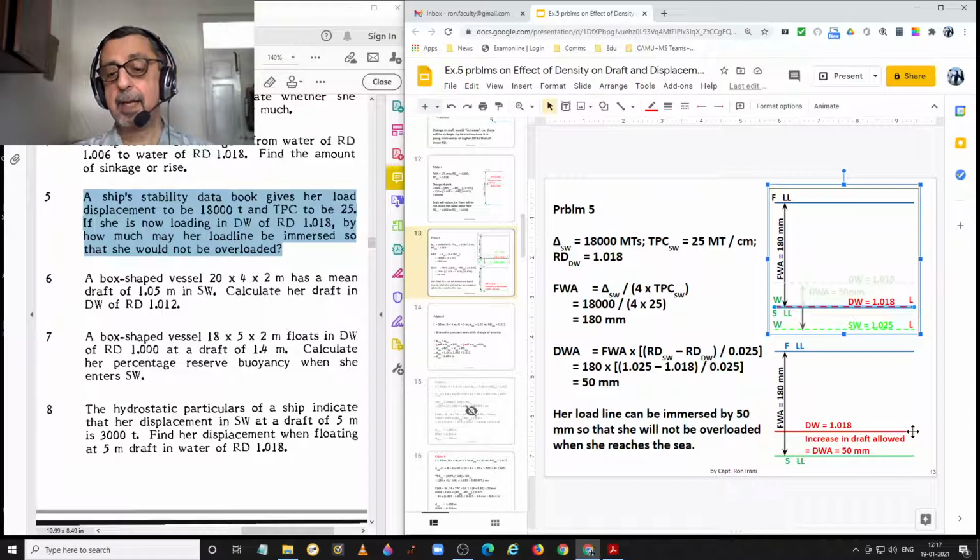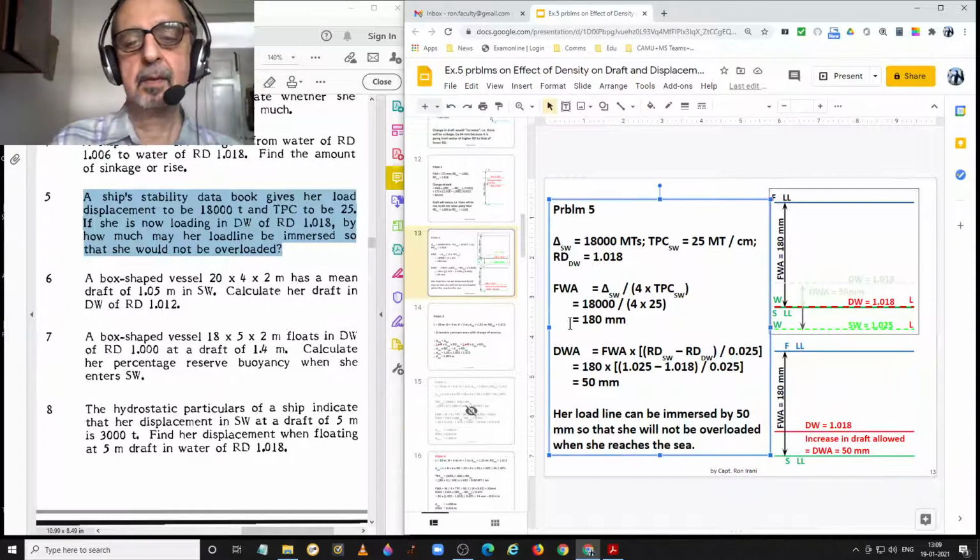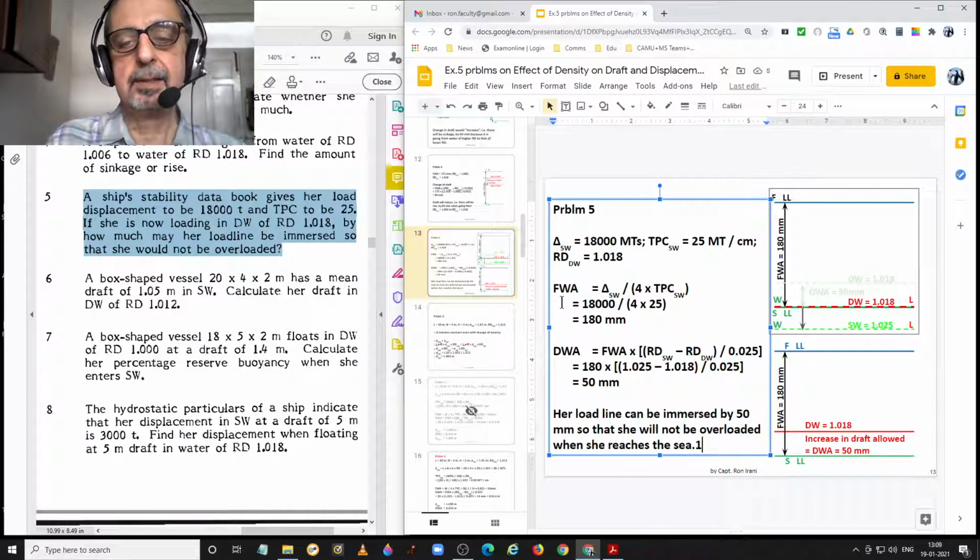You can actually load her till this red line, which will be above your summer load line by an amount equal to the dock water allowance. Let's see the solution now.